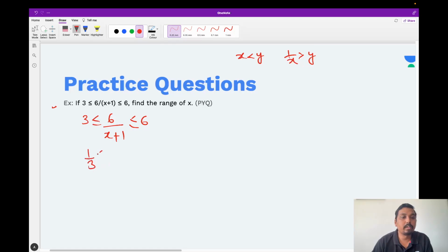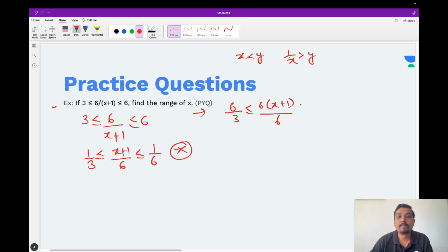So 1 by 3 less than or equal to x plus 1 by 6, less than or equal to 1 by 6. Multiplying by 6 in the full inequality, I am going to get 6 by 3 less than or equal to 6 into x plus 1 by 6, less than or equal to 1 by 6. So 3, 2 I will get here.